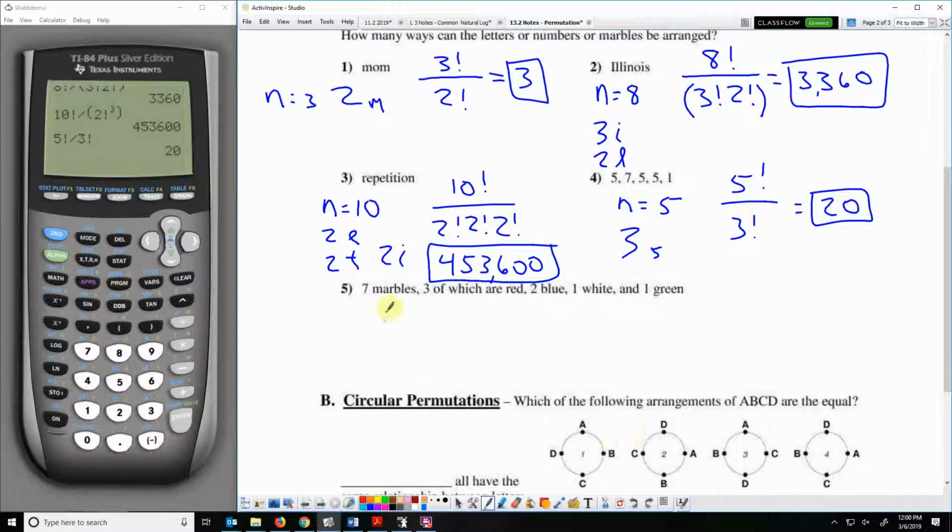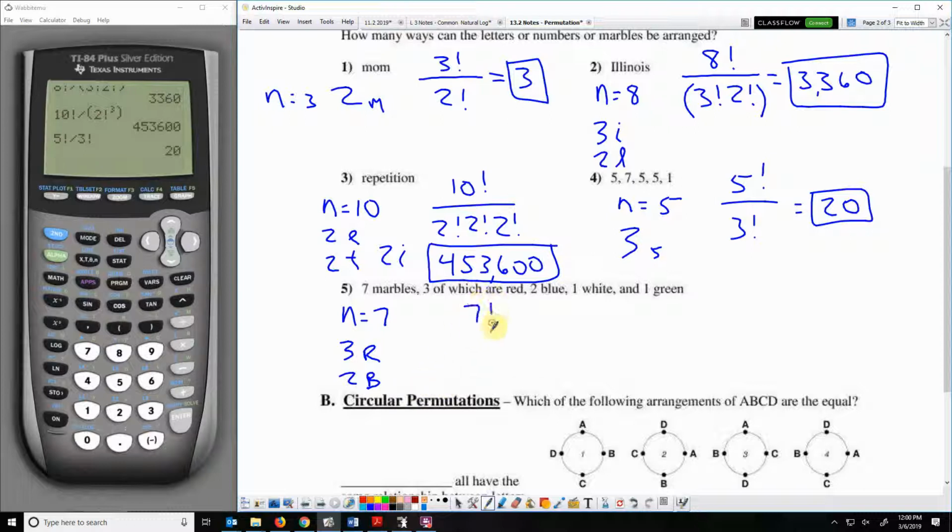Okay, arranging 7 marbles, so n is 7, 3 of which are red, 2 are blue, 1 is white and 1 is green, so white and green are not repetitions.